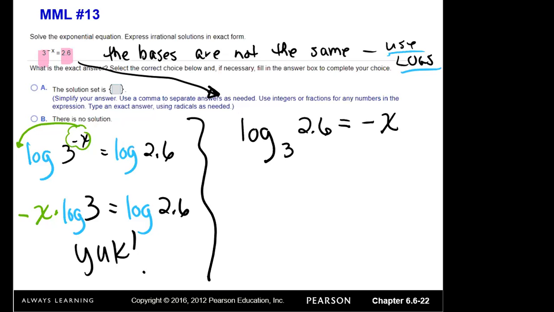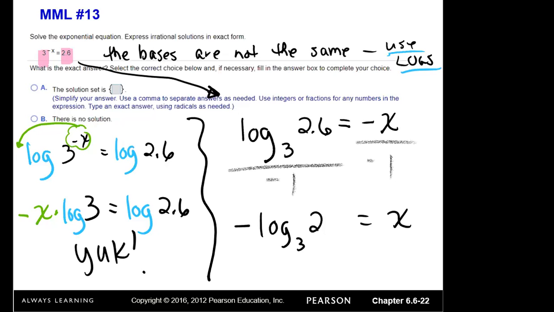It's sort of solved for x. It's actually solved for -x. So you would have to divide both sides by a -1 so that you get a positive x over here. And then what you have is a negative log base 3 of 2.6.